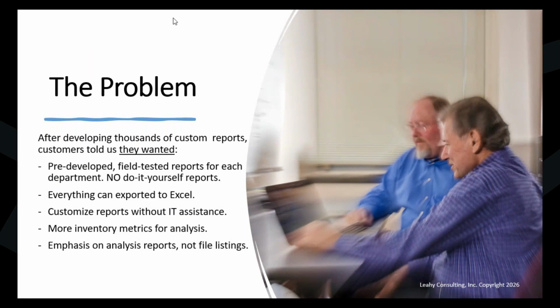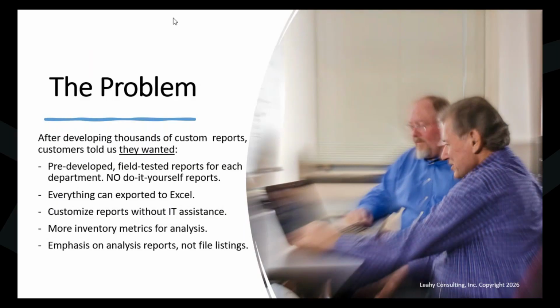One of the other features people wanted was the ability to export everything to Excel, no exceptions. They also wanted the ability to change some of the reports without having to call us or call IT for assistance. For example, changing the sorting sequence, adding a new column, removing a column, moving a column around, everything you can do that.